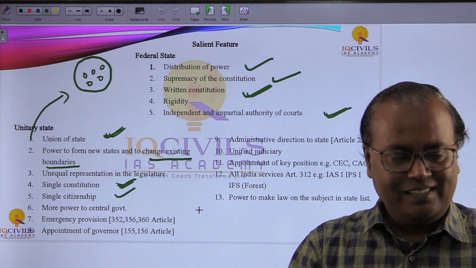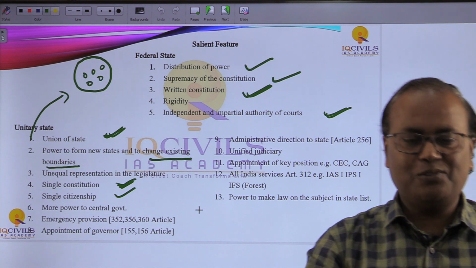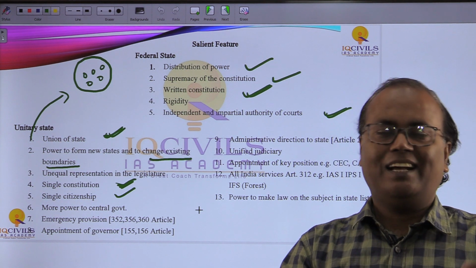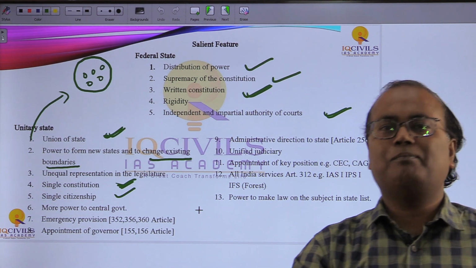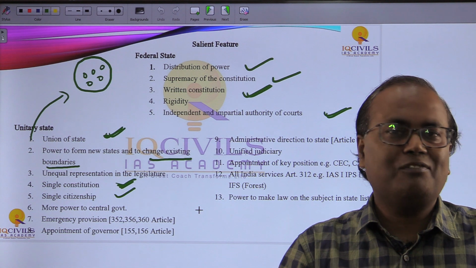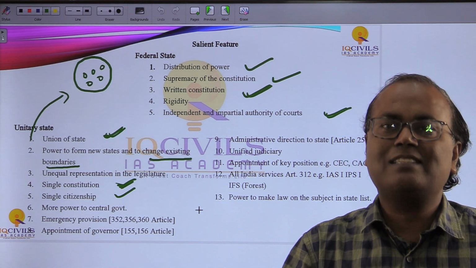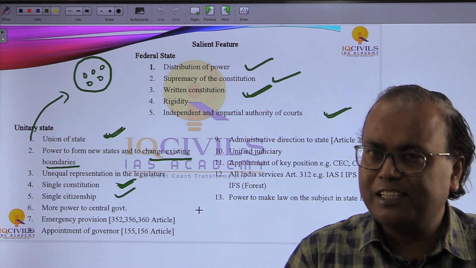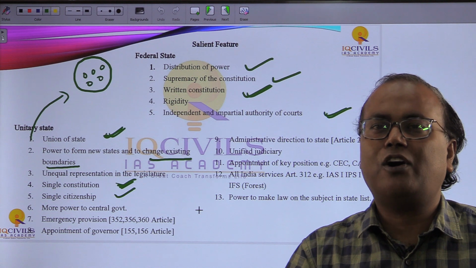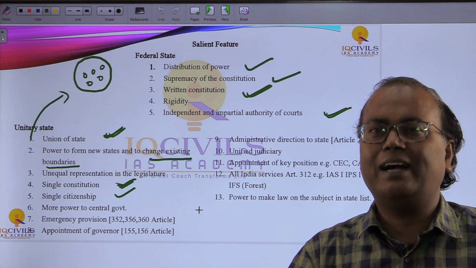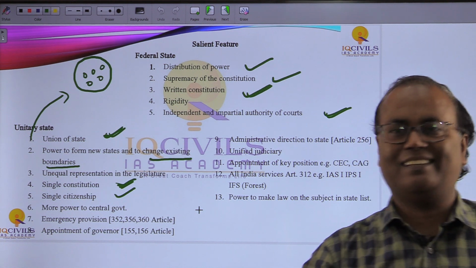So in all practicality, the central government used to control the state here, because the governor has the power to reserve a bill for the President of India, and once the bill is reserved for the President of India, approval or disapproval is, for all practical purposes, decided by the Council of Ministers headed by the Prime Minister.